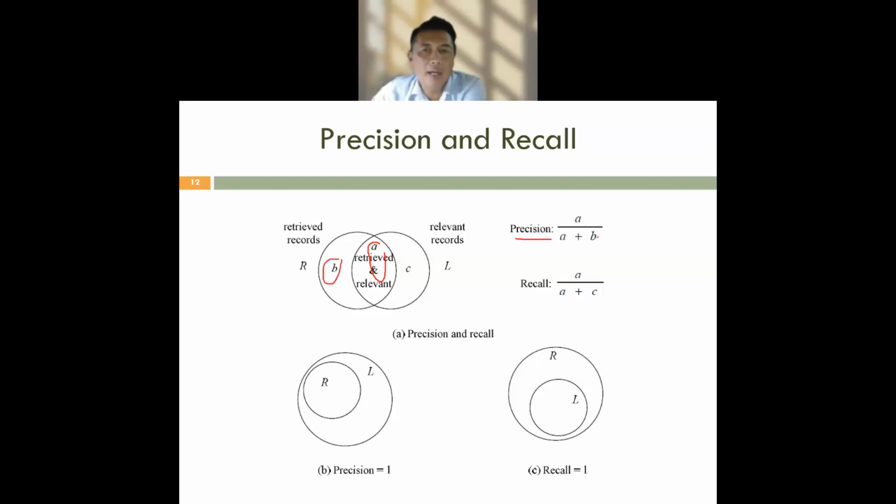So how much of the retrieved documents are relevant with respect to your query. For recall, it looks at what portion of the relevant documents has been retrieved, because C refers to all the relevant records. Both can be used to measure how well your system works.